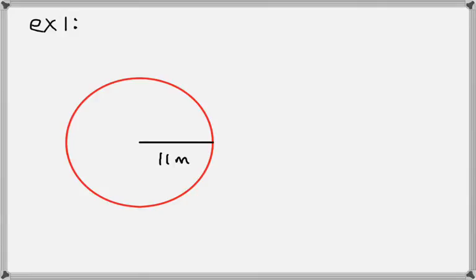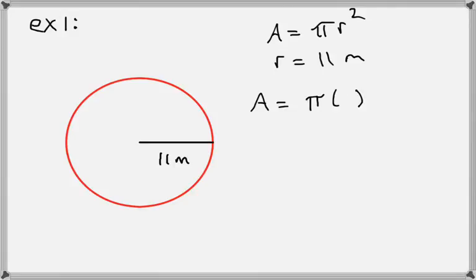So in this example, we have a circle with a radius of 11. Our formula for area is pi times the radius squared. So we first need to identify the radius. Well, that's done for us. In this circle, we were provided with the fact that the radius was equal to 11 meters. So we can plug this in. So our area is equal to pi times, instead of an r, what r equals?